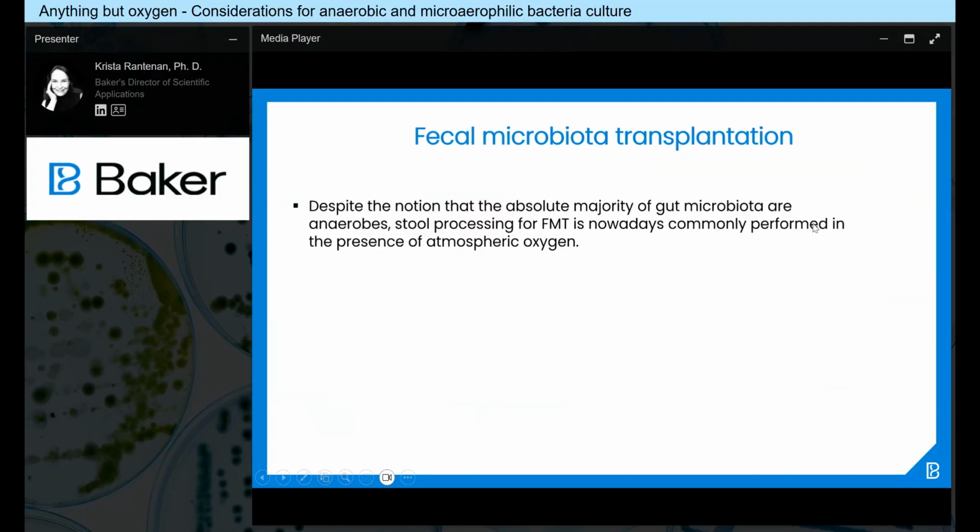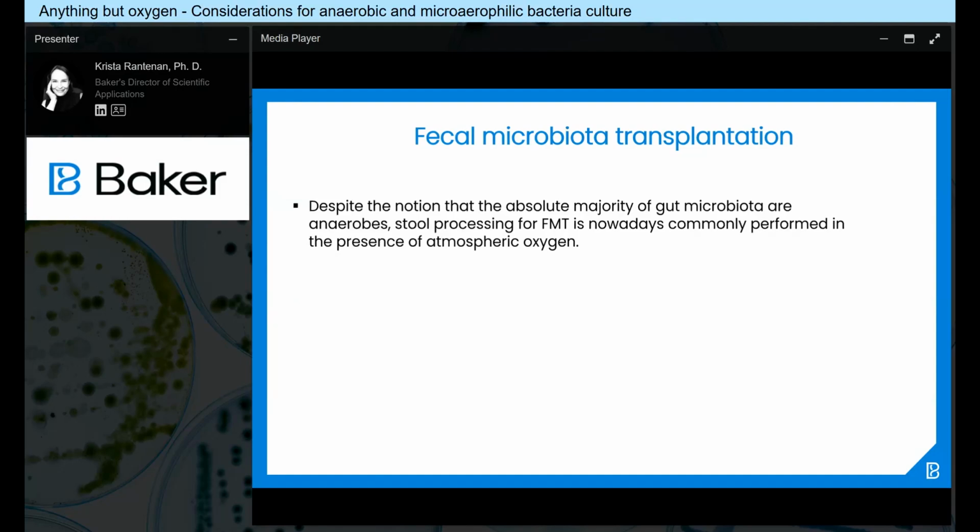But the problem here is, despite that we know that the absolute majority of gut microbiota are anaerobes, as we established earlier in this presentation, it is amazing that stool processing for this transplantation that is thought to be very effective is now commonly performed in the presence of atmospheric oxygen.